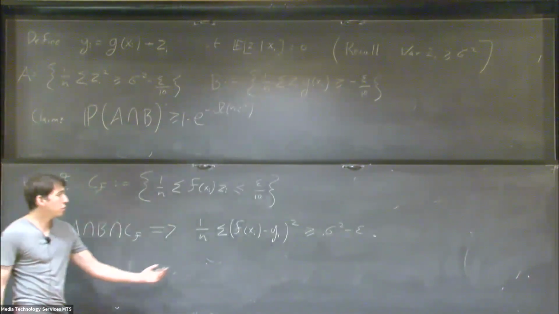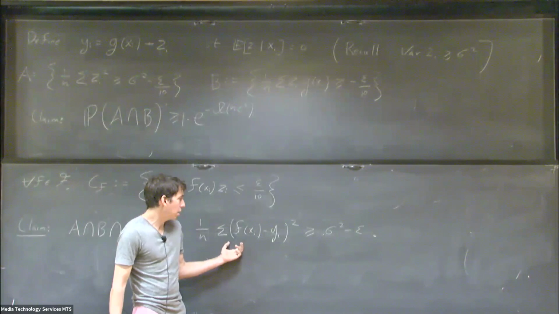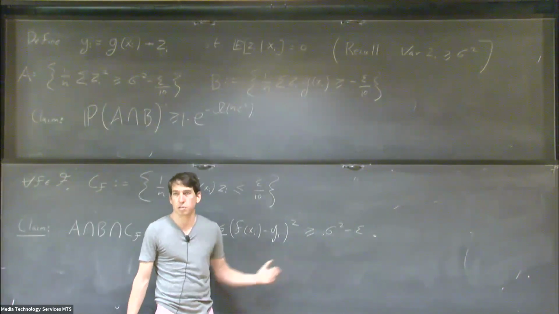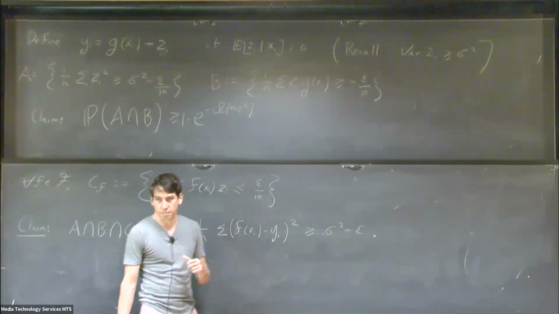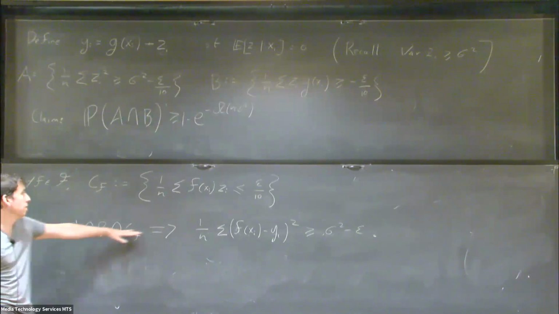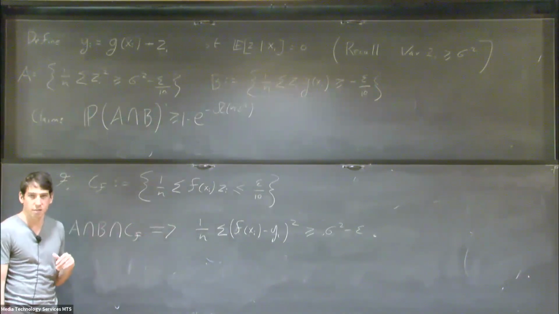Recall that we wanted to say that it cannot be the case that the sum is less than this and also the function is Lipschitz. So this is just a deterministic statement. Let's see why it's true.